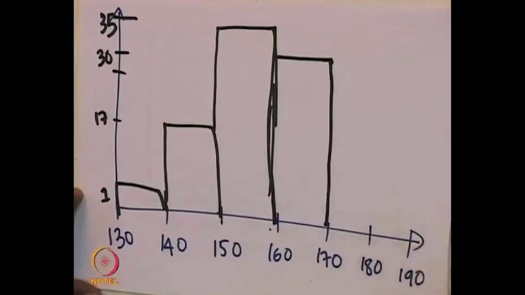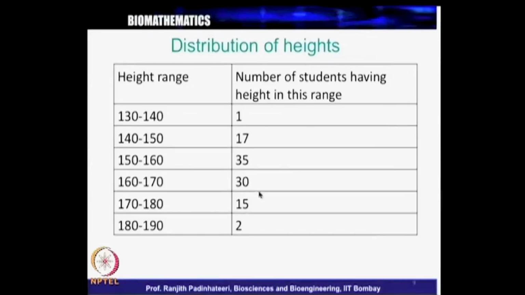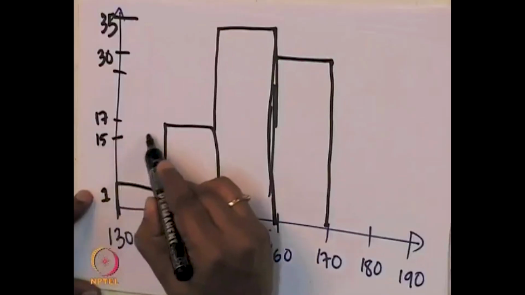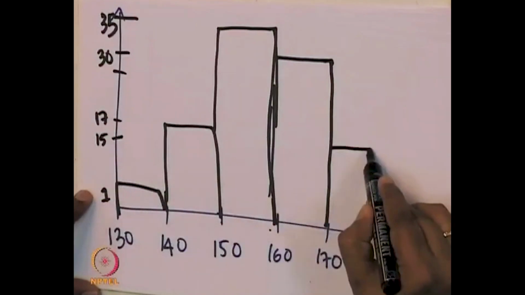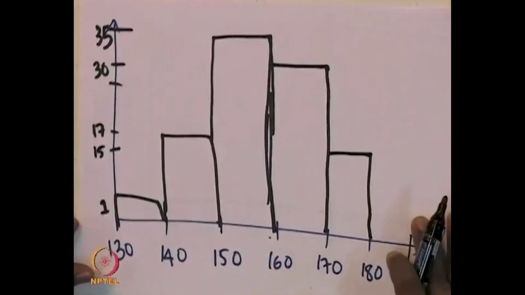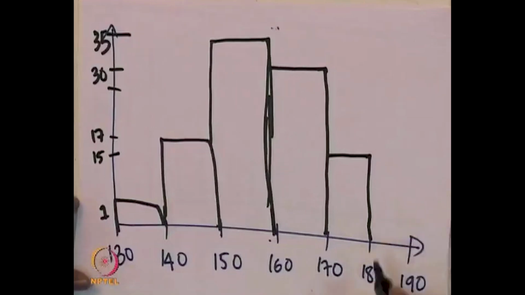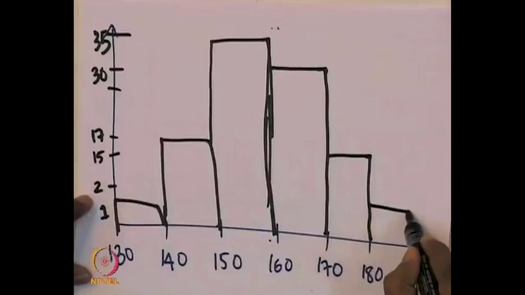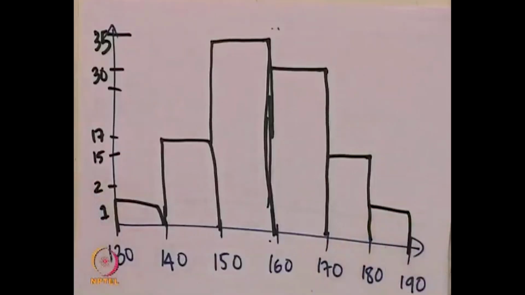Between 170 and 180 there are 15 students, so this is 15, and between 180 and 190 only 2 students.